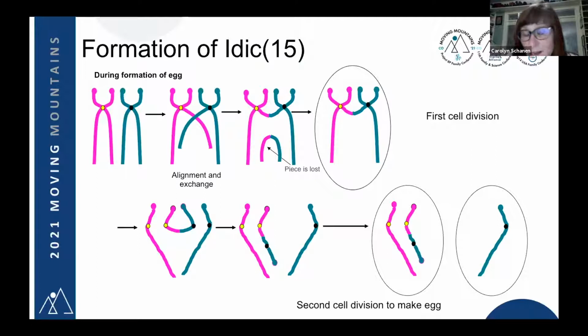To explain why an isodicentric forms requires me to show you a more complicated picture of what chromosomes actually look like during formation of eggs and sperm. And in this case, it's actually only in the egg, because isodicentric 15s tend to only form during egg formation. And so when a gamete, so an egg or a sperm, is forming, the chromosomes have actually duplicated themselves.